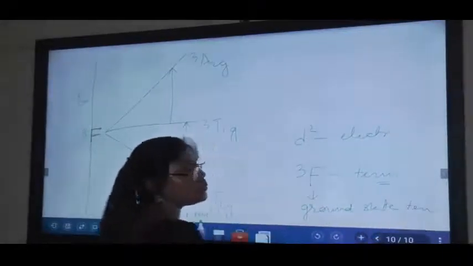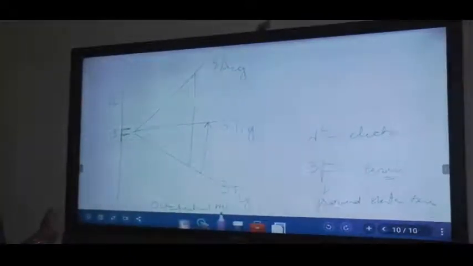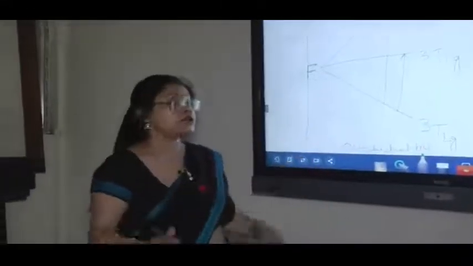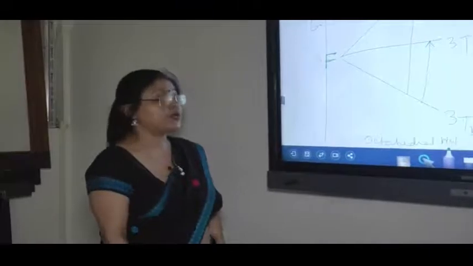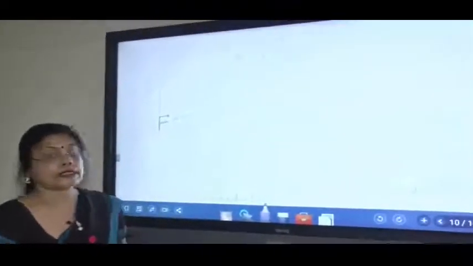There will be so many arrangements, that is why there will be so many microstates. Out of these so many microstates, there will be so many terms, but only one will be of lowest energy, and that we will term as the ground state term.